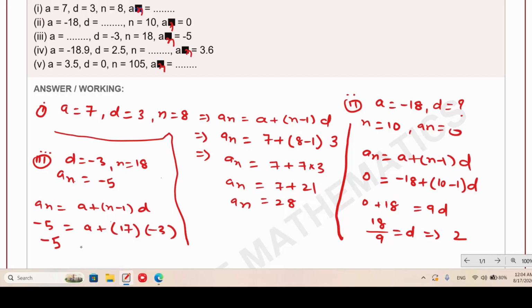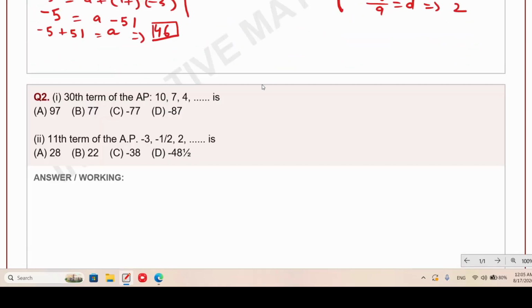So negative 5 is equal to A plus 17 into minus 3, which is minus 51. So minus 5 plus 51 is equal to A. Now you can get the value of A. 51 minus 5 is 46.